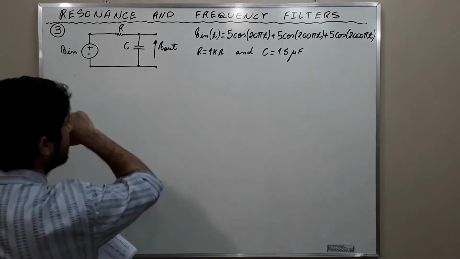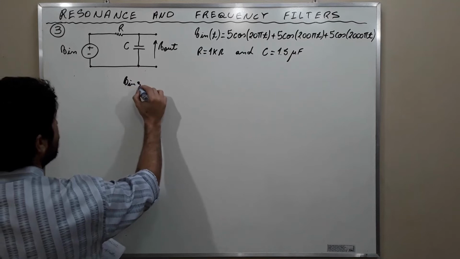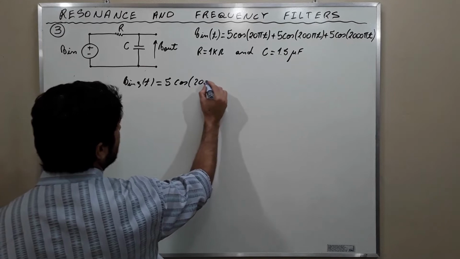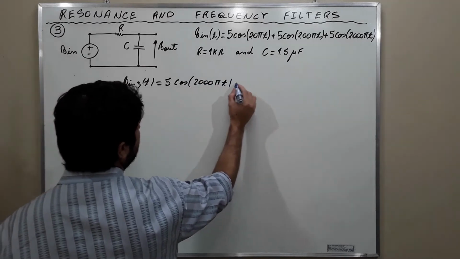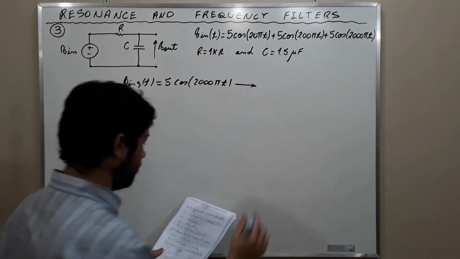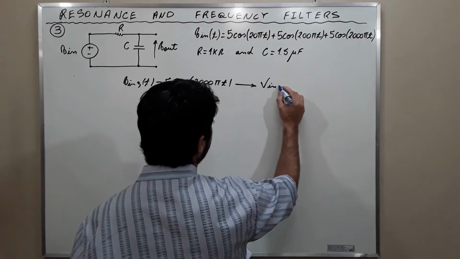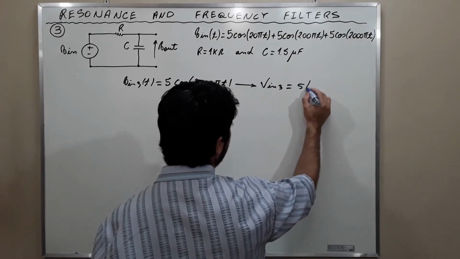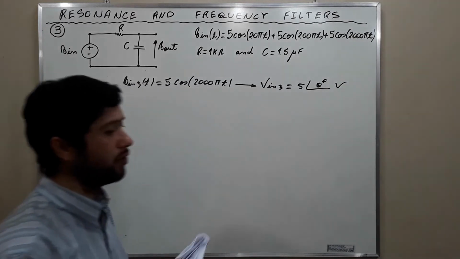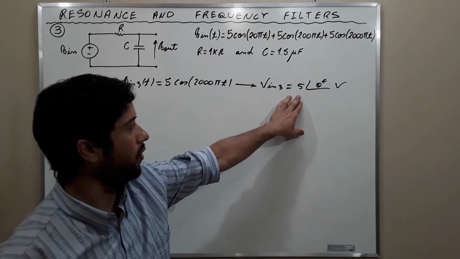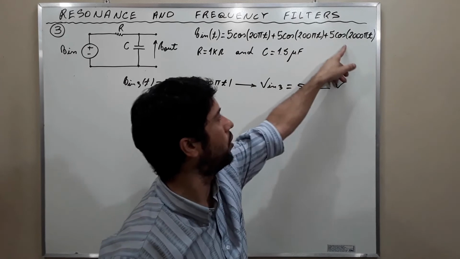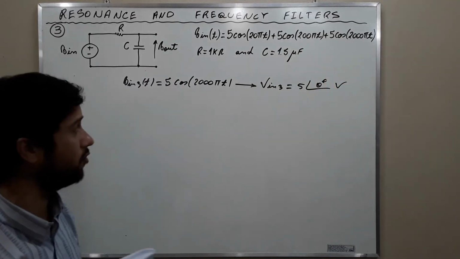The third component is V in 3 of t is equal to 5 times the cosine 2000 pi t, which leads to a phasor V in 3 equal to 5 phase 0 degrees volts. Observe that the phasor is equal for the three components, but the transfer function is different.